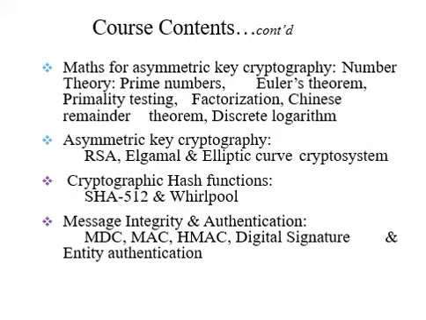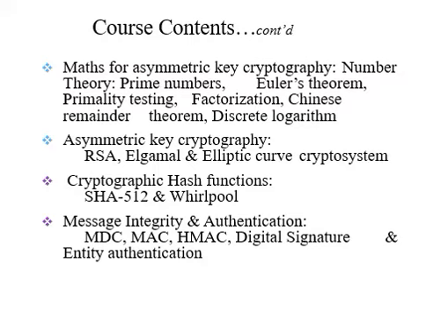After that, we will discuss asymmetric key cryptography. The different algorithms include the RSA algorithm and the elliptic curve cryptosystem. Next, we will discuss different hash functions, which include SHA-512 and Whirlpool.